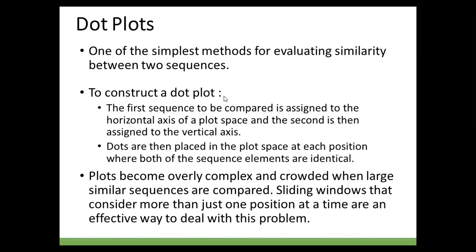To construct a dot plot, it is something like this. A dot plot is a collection of dots, and these dots represent the similarities. If one character in this sequence on this axis equals a character in this sequence on this axis, we put a dot here.